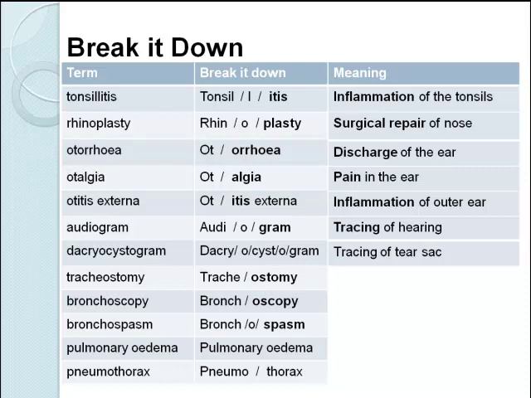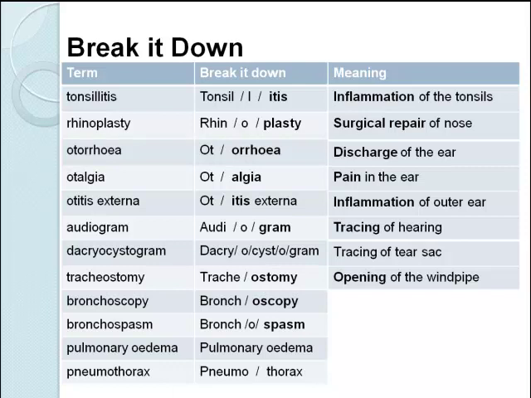Tracheostomy, ostomy means opening, and trache relates to the trachea, which is your windpipe, so tracheostomy would be opening of the windpipe, when you bring the trachea to the skin surface so the patient can breathe.